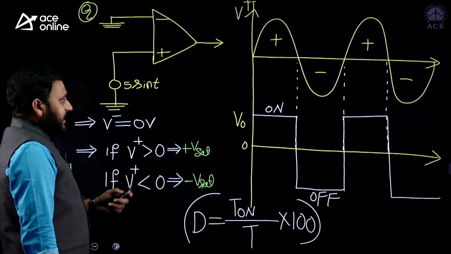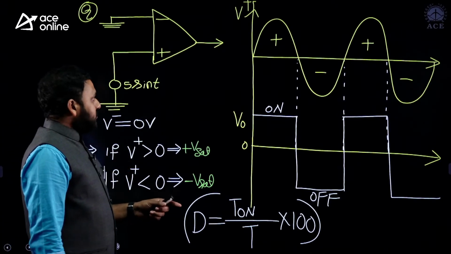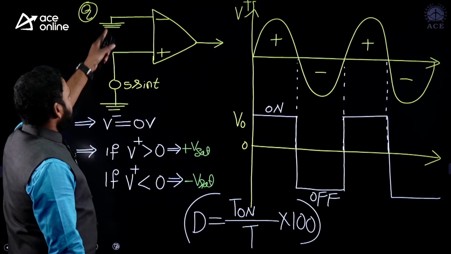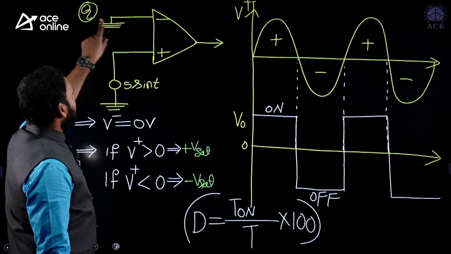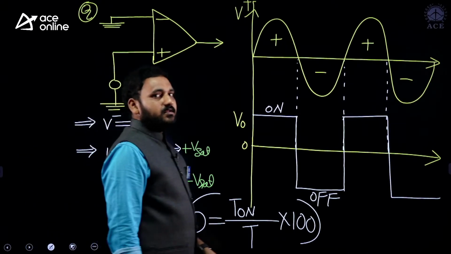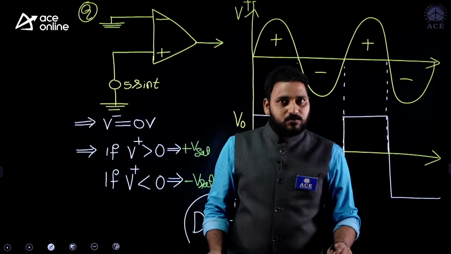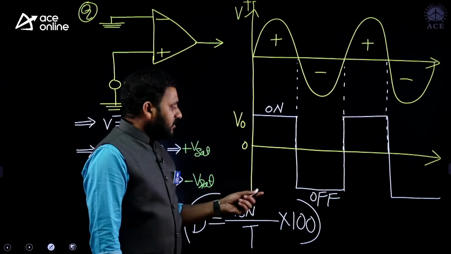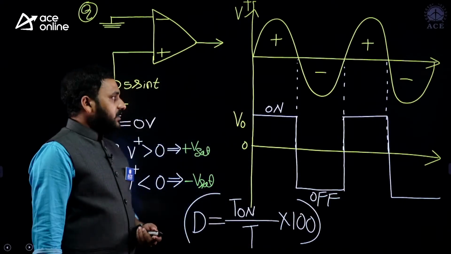For 2 marks, we can go for more complicated questions. They can give you some reference voltage here, and with some resistive combination, they can frame some circuit here and ask you the duty cycle. For us, no need. For 2 marks, we can find such types of questions. For 1 mark, this is the only chance, okay?